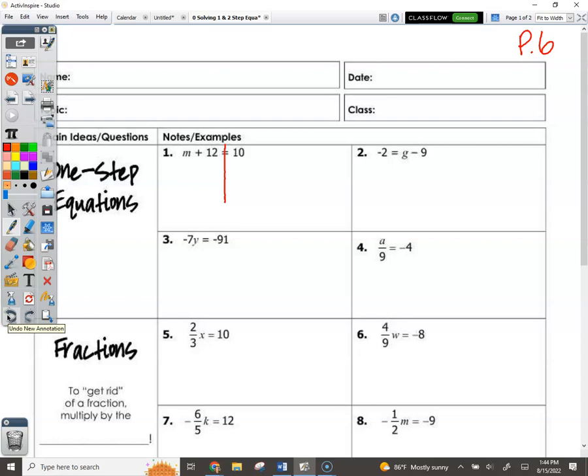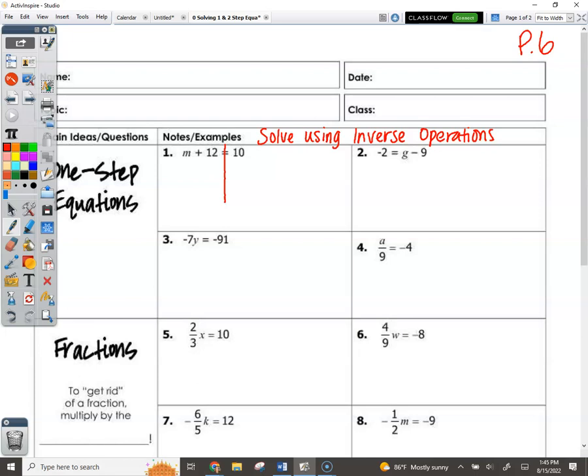The other thing you need to know is we solve equations using, I already said it once, inverse operations. Okay? I'm going to come right here, and I want you to write solve using inverse operations. Inverse is the fancy math word for opposite.